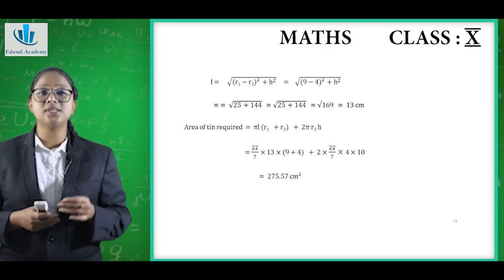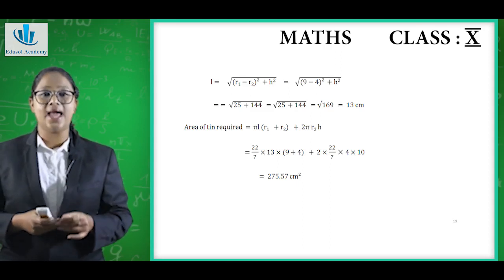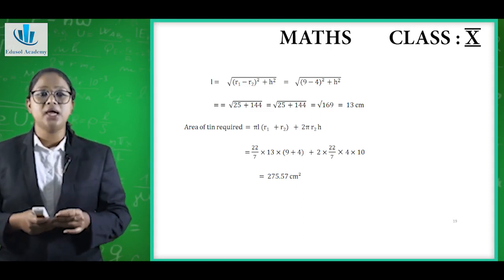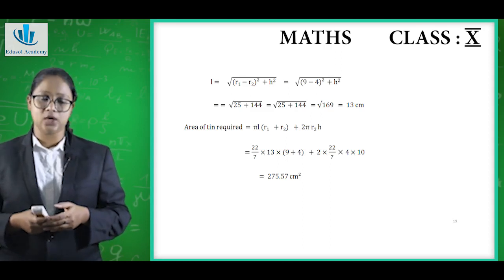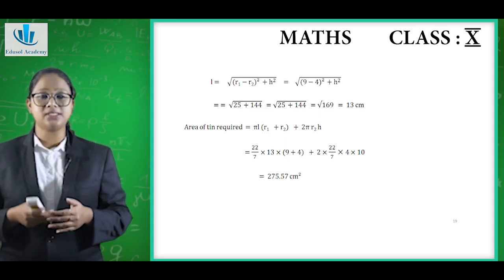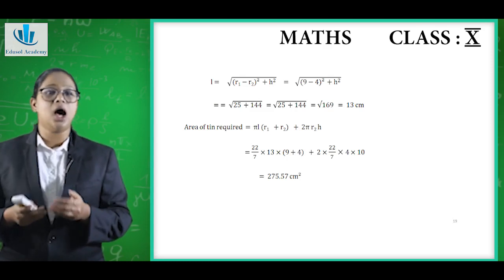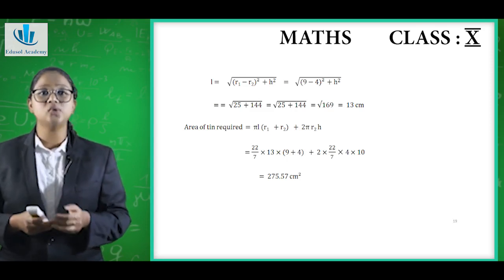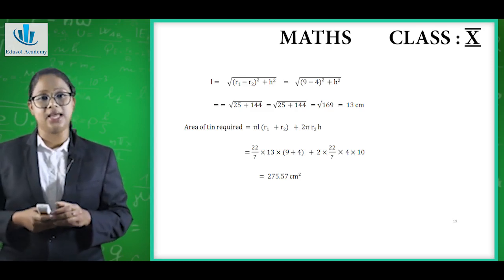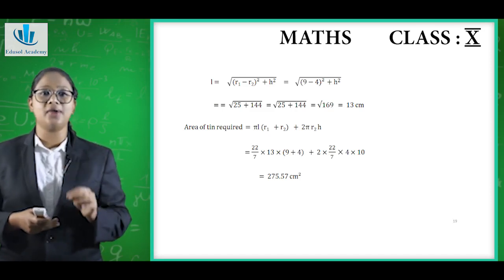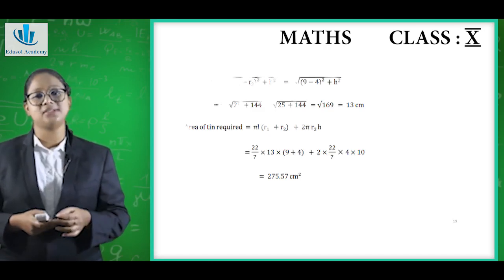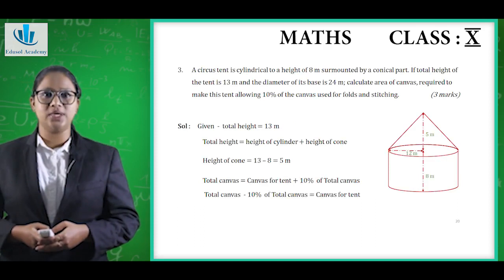Upon putting the values, we will get the value of L as 13 centimeter. Now area of the tin required is equal to pi L into R1 plus R2 plus 2 pi RH. Putting all the values, we will get the final answer as 275.57 centimeter square. Let's move on to the next question.